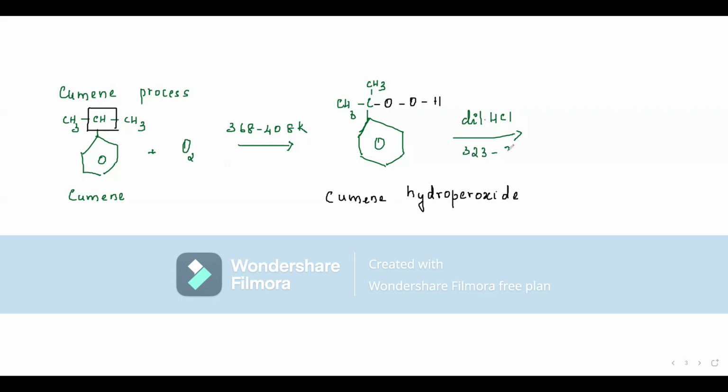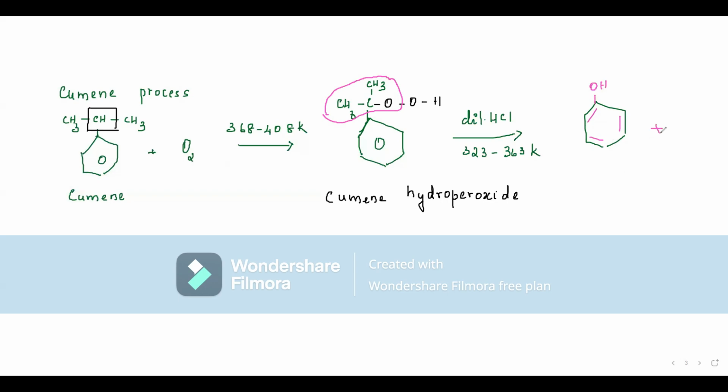Now, this cumene hydroperoxide is then treated with dilute hydrochloric acid at around 323 to 363 Kelvin. And the products that you get: CH3, CO and CH3, acetone, and there remains an OH, which will now be connected to the benzene ring.